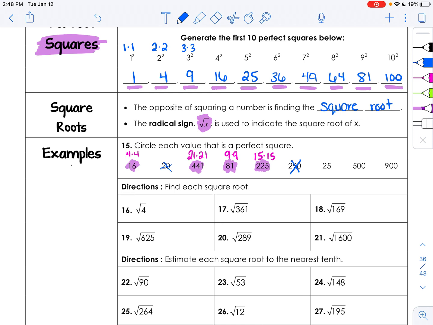290 is not a perfect square. Although there are plenty of ways to multiply and get 290, I can't take one number and multiply it by itself to get that. 25 is a perfect square because 5 times 5 is 25. 500 is not a perfect square. 900 is a perfect square because 30 times 30 is 900.